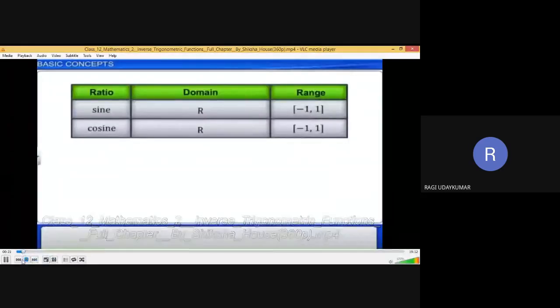So the sine function is going to have the... is it visible to you? The presentation. Yes, sir. It is visible.